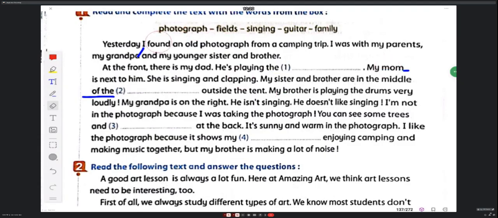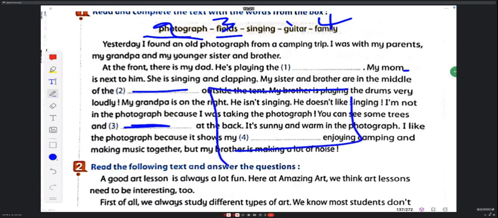And fields at the back, it's sunny and warm in the photograph. I like the photograph because it shows my family enjoying camping and music together, but my brother is... Good, thank you. Now you corrected number two. Instead of fields, we took photograph, and number three was and fields at the back. The background had fields and trees.